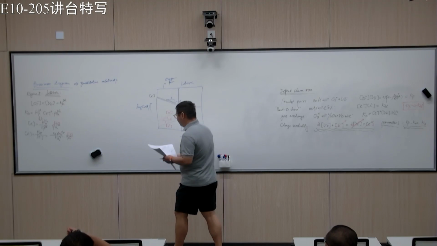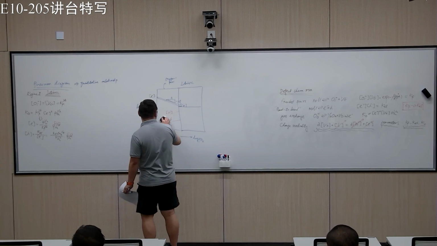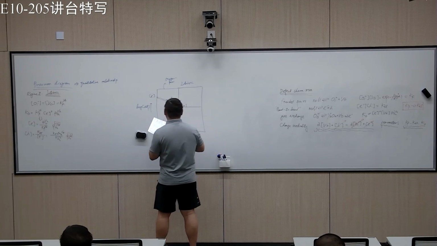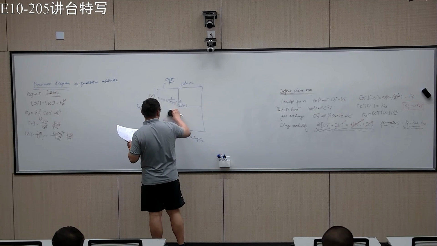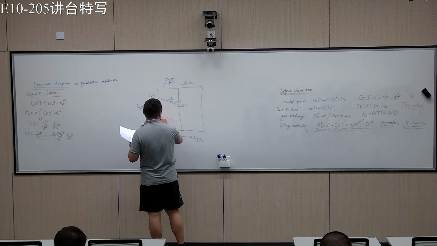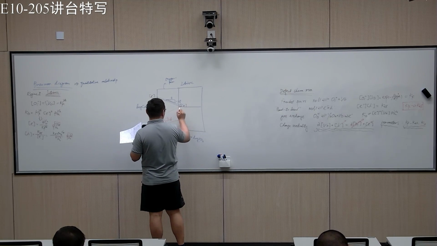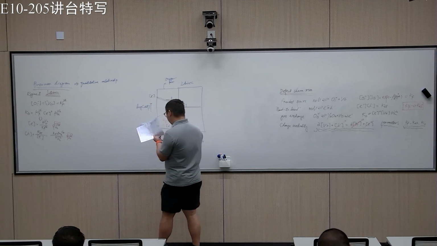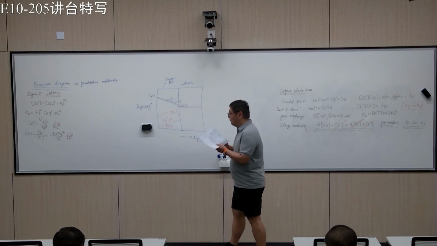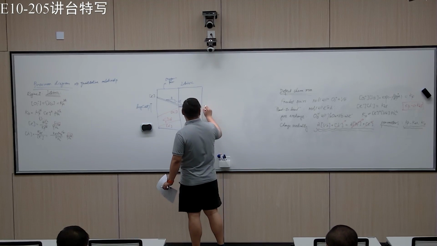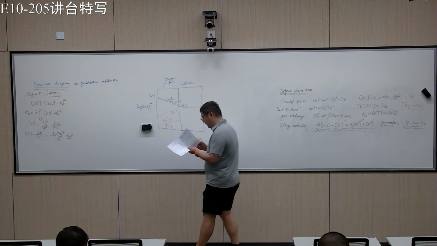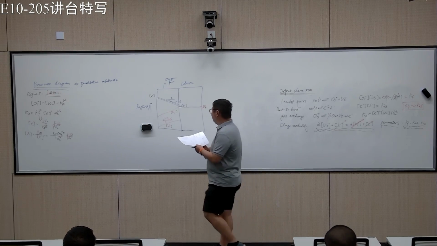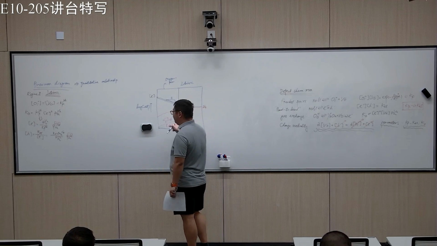Let me modify this a little bit. So this is also interstitials. Now they are pretty much the same, and this is basically the square root of Kf. Then you have holes.